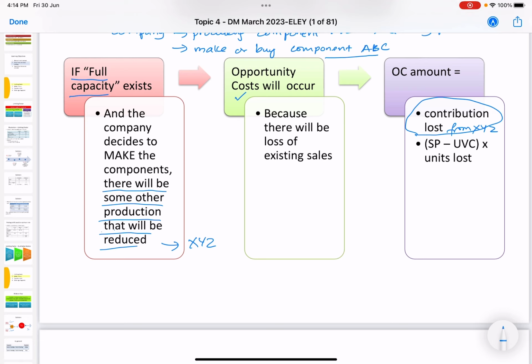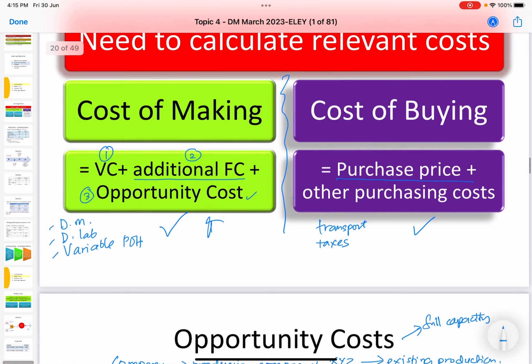So this will be the selling price of XYZ minus UVC of XYZ, times the units of XYZ lost. That will be an estimation of the opportunity cost involved. So once you get the ringgit and sen, you add it into the cost of making, then you will have a complete cost of making figure.